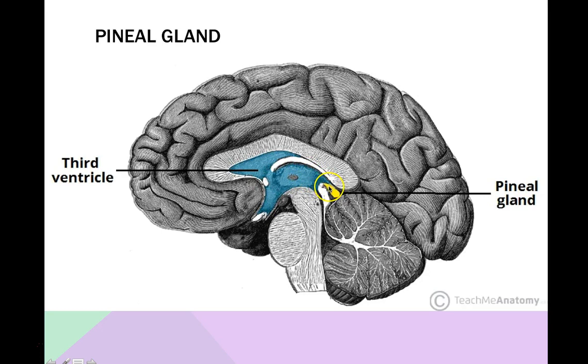But posterior to that, you will find a little gland that has a teardrop shape to it. So that's our pineal gland. I also double check and look for the corpus callosum. Again, I know you haven't learned the structure just yet, but at the very back of the corpus callosum, you will find inferior to that will be your pineal gland.